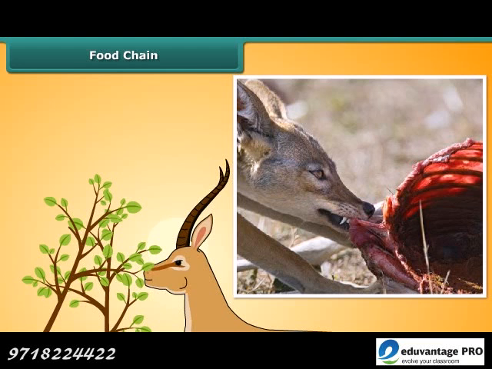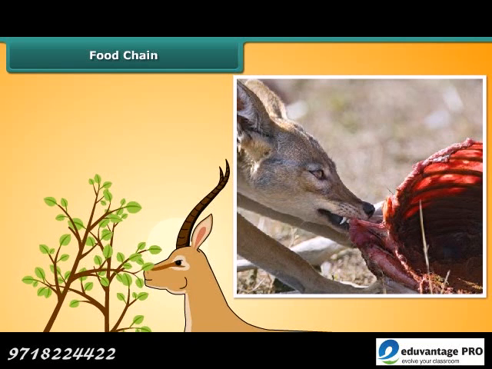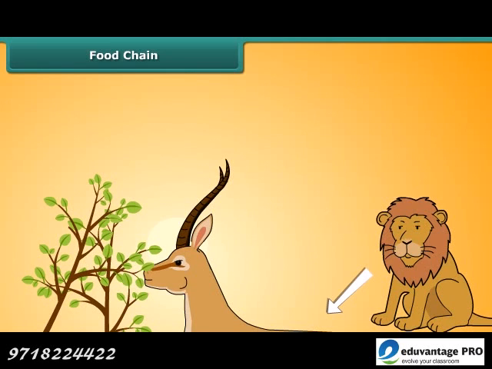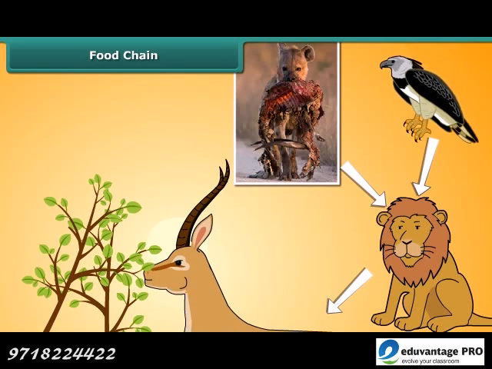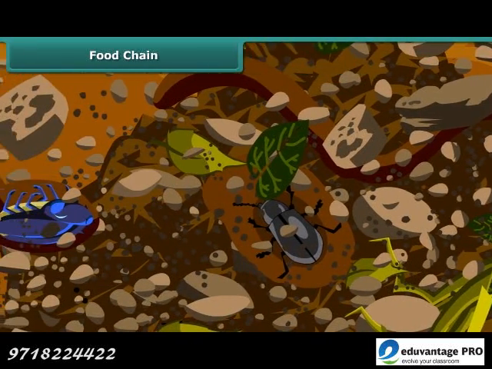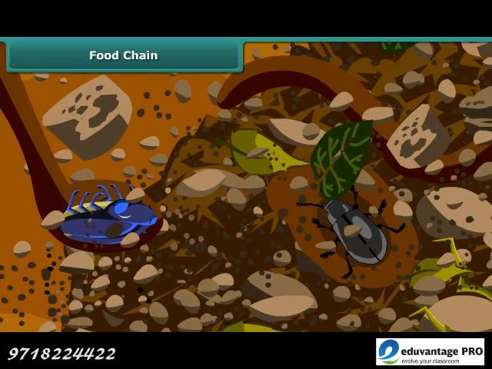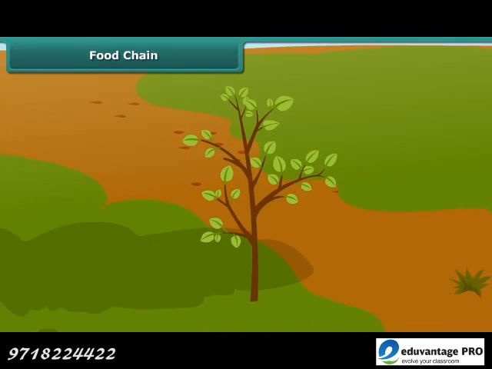Let us take a simple example of a food chain. Plants use the sunlight and prepare food. Plants are eaten by deer. Deer are eaten by lions. When the lions die, their physical remains are eaten by scavengers such as vulture, hyena, etc. Decomposers such as fungi and bacteria feed on the remnants of dead organisms and break them down into humus, which provides nutrients to plants.